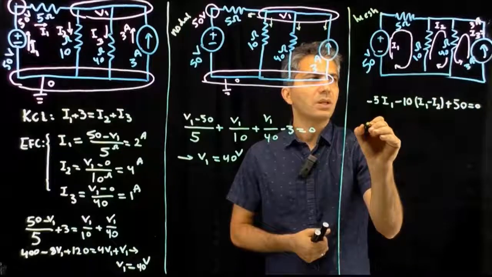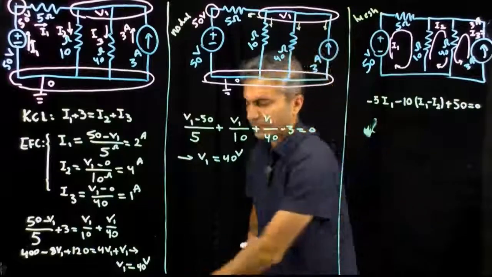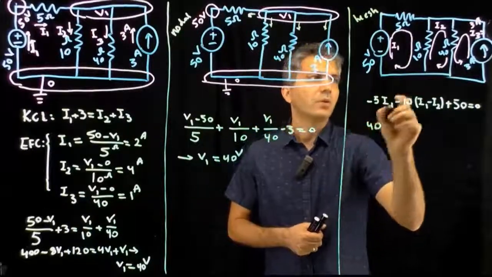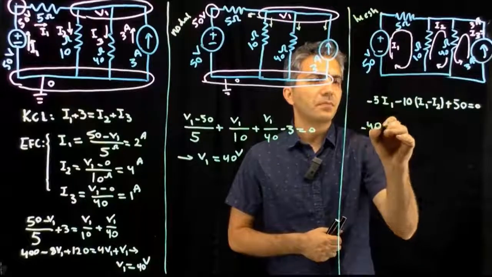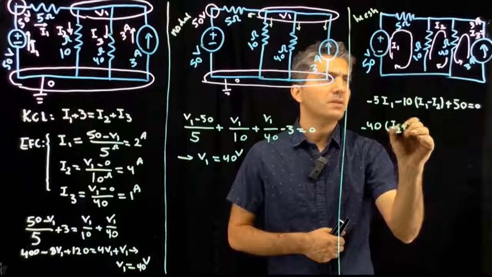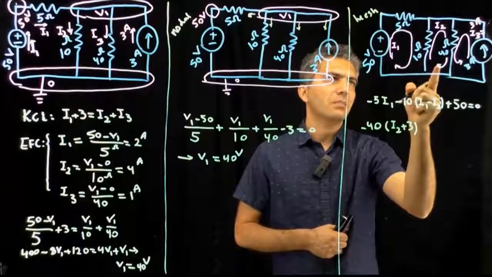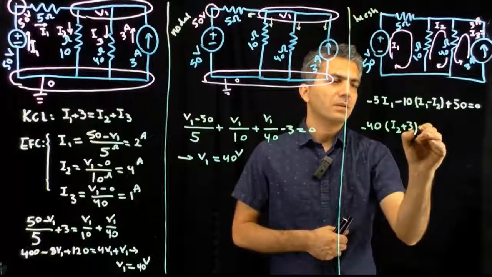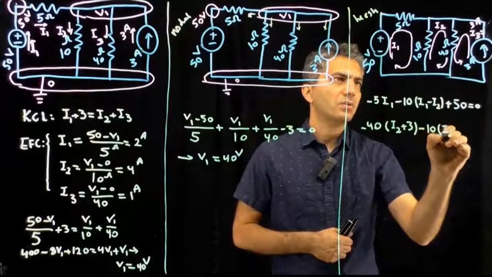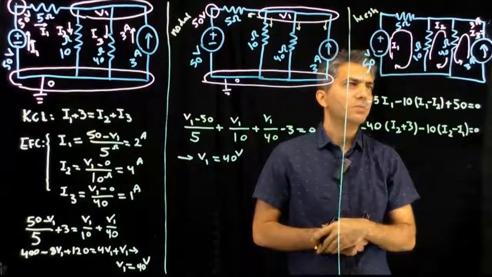So that would be minus 40 ohm times I2 plus 3, then going back up. This time I2 is my current, so that would be minus 10 times I2 minus I1 is equal to 0.